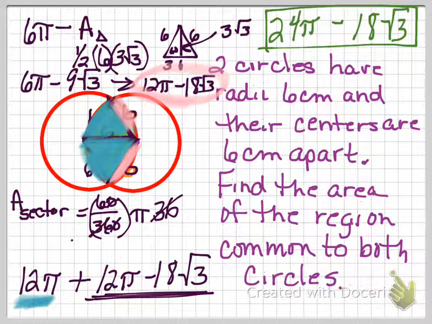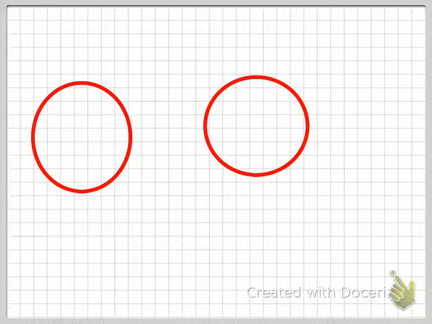So I hope you had fun with those. On this next slide, I just wanted to make sure that we recap what we did. We talked about sectors, and we talked about segments, which are these little areas, and we talked about arc length, L, which is different than the measure of the arcs, right?